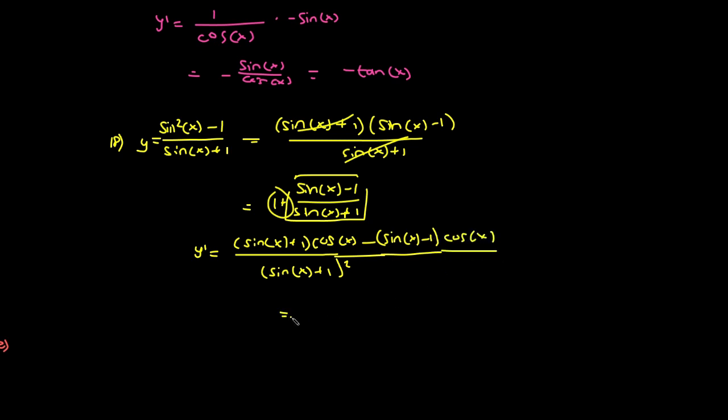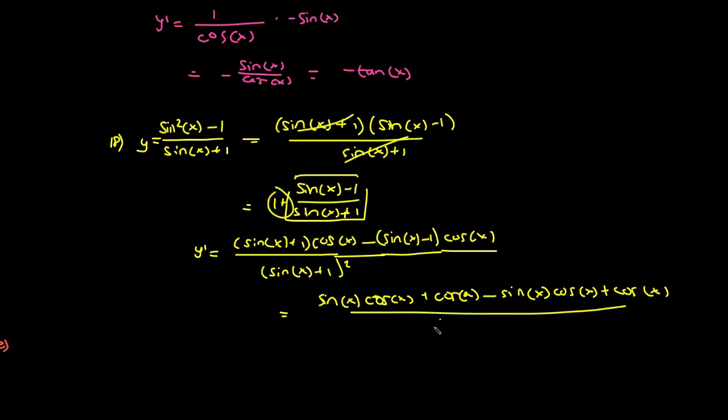So let's see if I can simplify this a little bit, because it's a bit messy. Sine of x times cosine of x is the first term, and then I add cosine. So negative sine of x, I'm just multiplying these things out, times cosine of x, plus, negative and negative becomes positive, cosine of x.